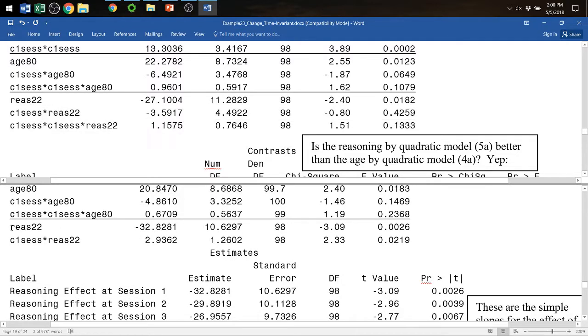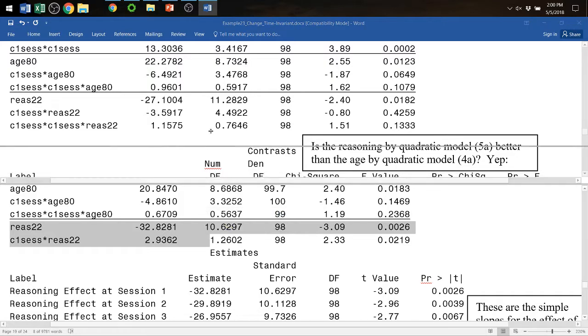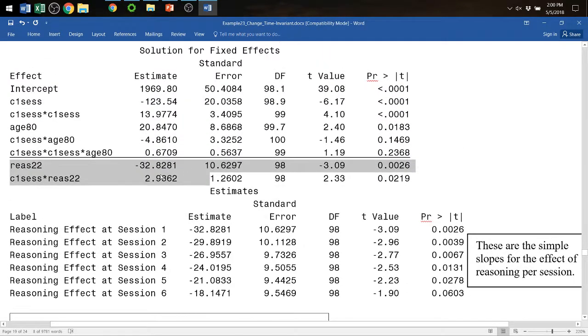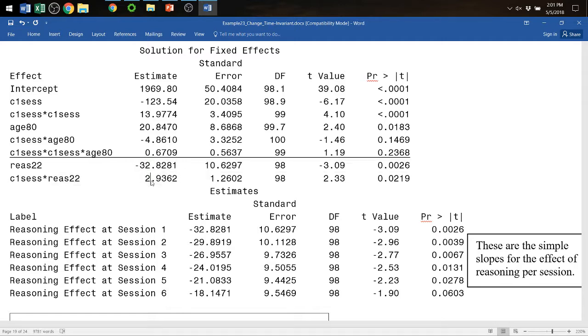So if I were to look at what the effective reasoning is, staying with my new model here, what happens to the effective reasoning as time increases? Which pattern are these two numbers displaying? Negative main effect, positive interaction term with time. Less negative, very good.